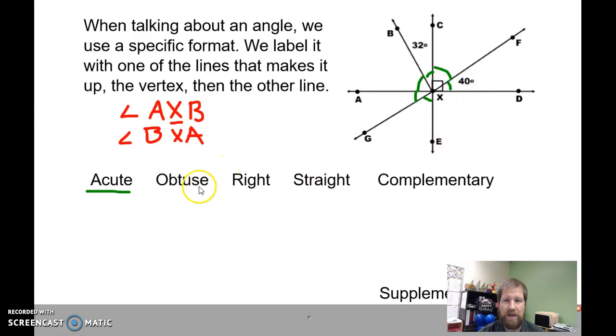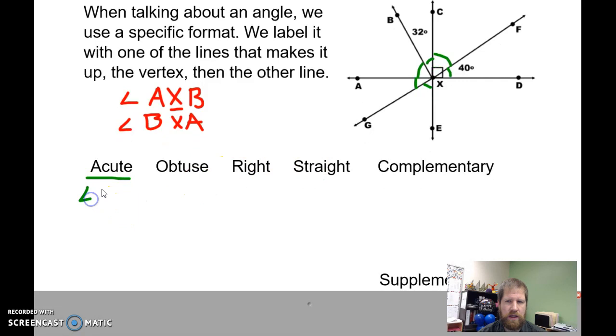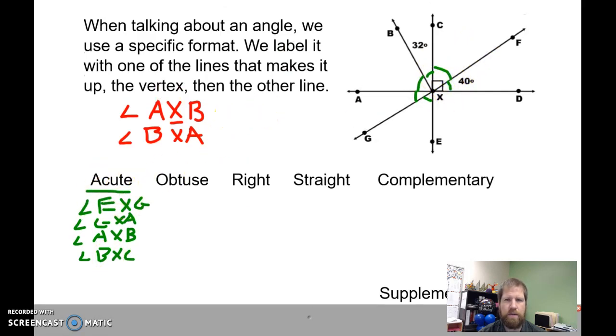So if I was going to label all of those, I would say it's angle EXG, angle GXA, angle AXB, or again, could be angle BXA, angle BXC, and on with the rest of them. So you get the idea.